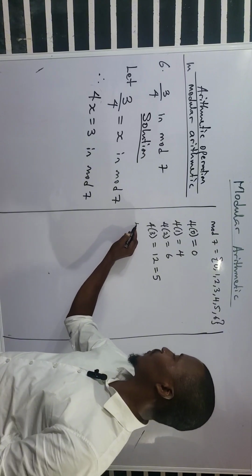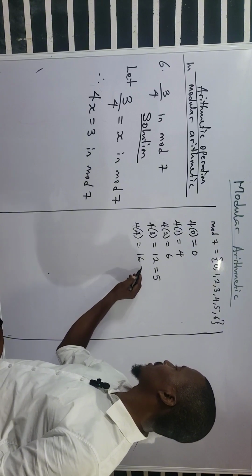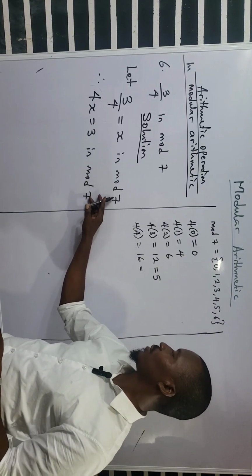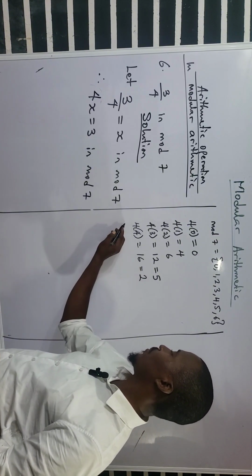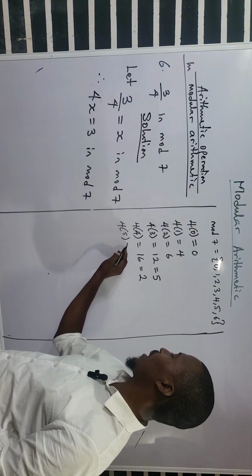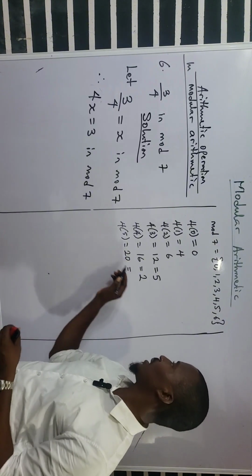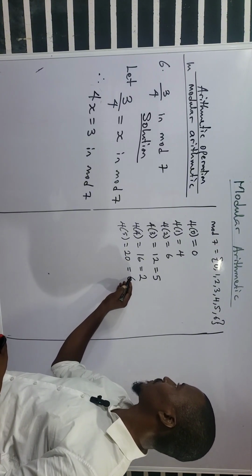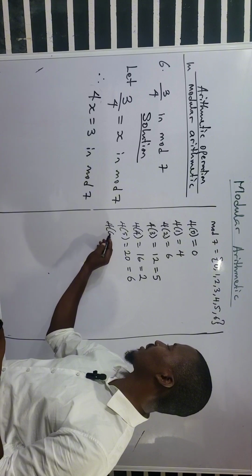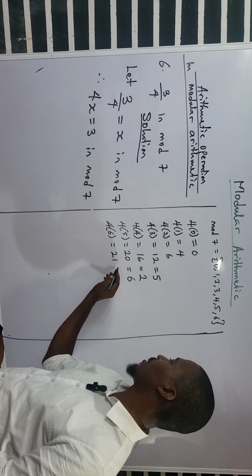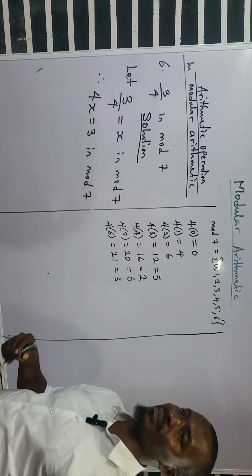Okay? 4 into 4, that will give us 16. 16 in modulo 7, that will give us 2. 4 into 5, that will give us 20. 20 in modulo 7, that will give us 6. 4 into 6, that will give us 24. 24 in modulo 7, that will give us 3.